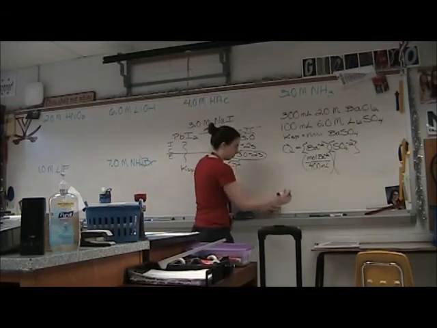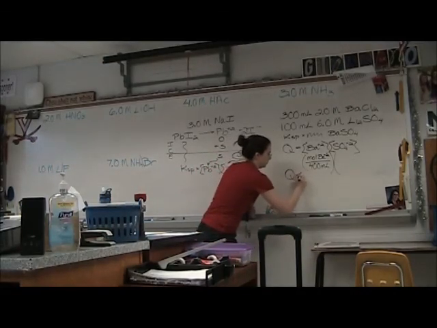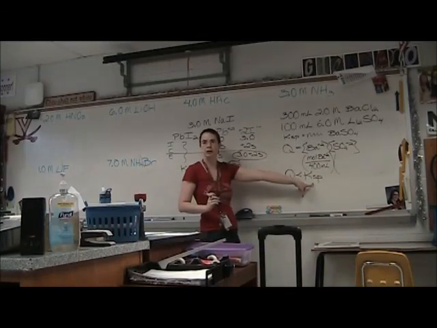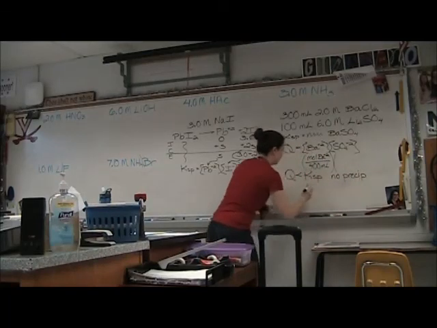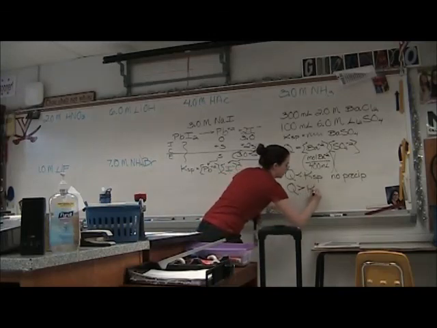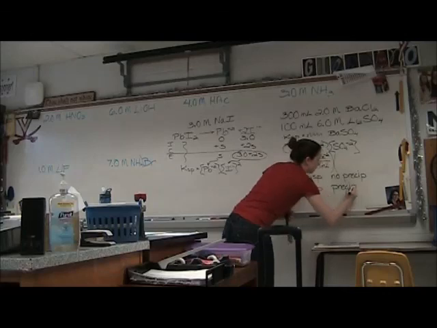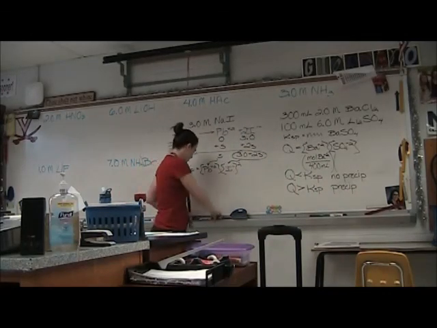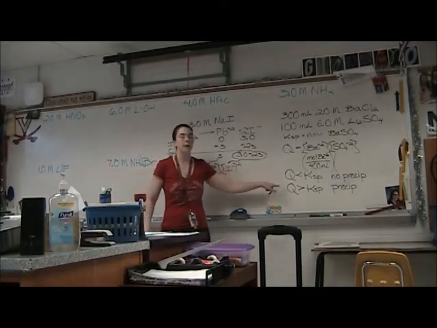Let's refresh our memories. If Q is less than KSP, no precipitate forms. In one of my classes yesterday, we came up with a really stupid way to remember this.